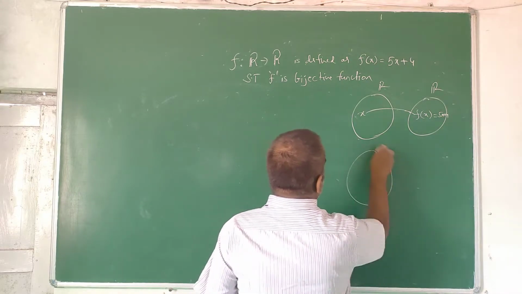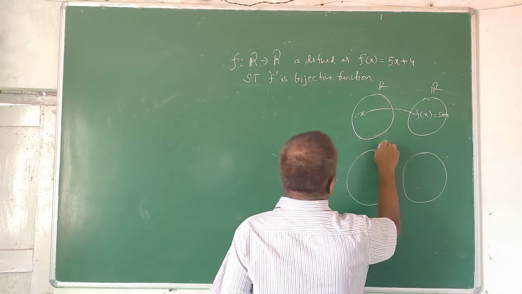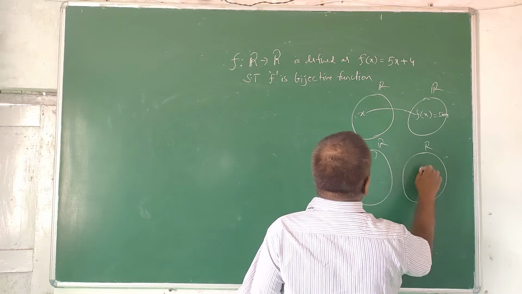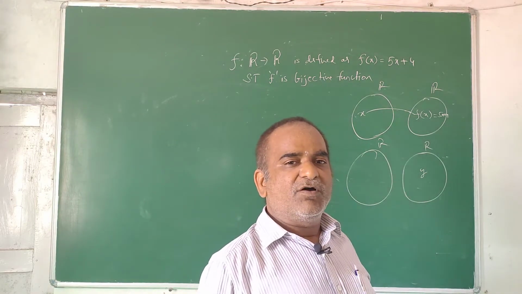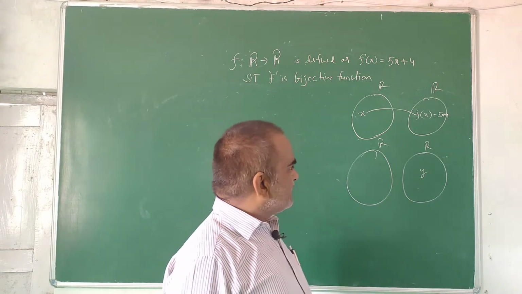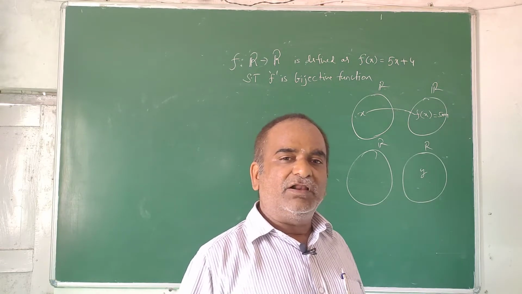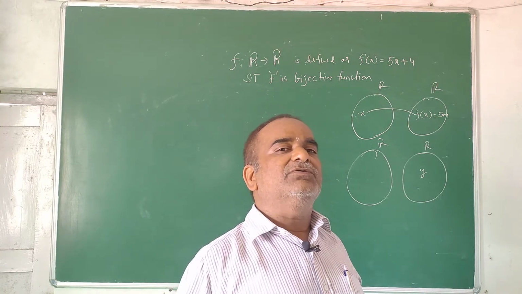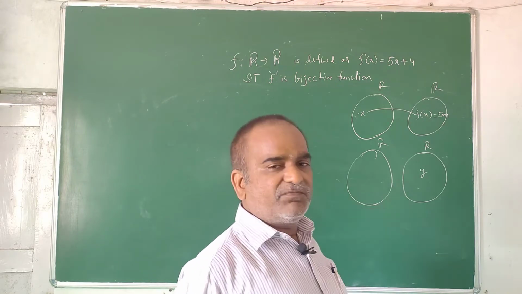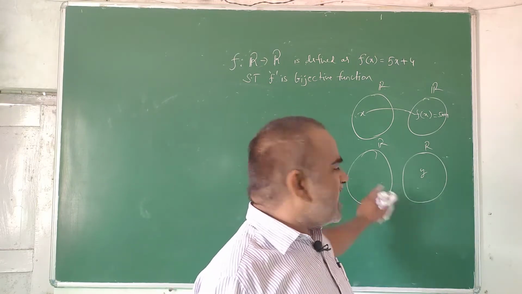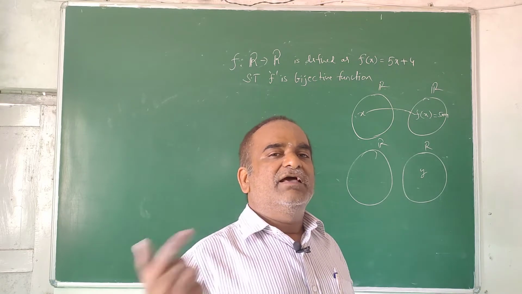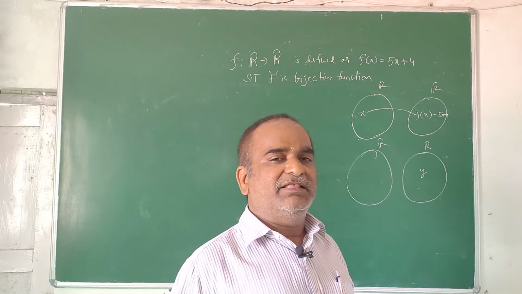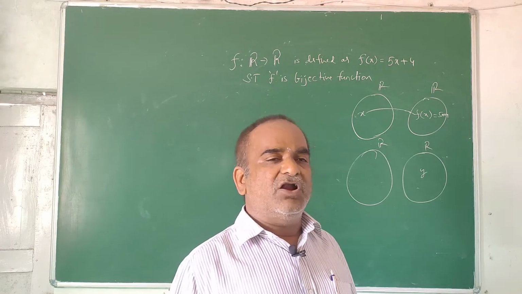So now in order to be onto, you have to choose an arbitrary element y in the codomain, and that y when equated to 5x plus 4, the corresponding x which you are getting should fall in R, in the domain R. If you could prove that, you have proved that for y there is a preimage x in R. So you can conclude it is an onto function.